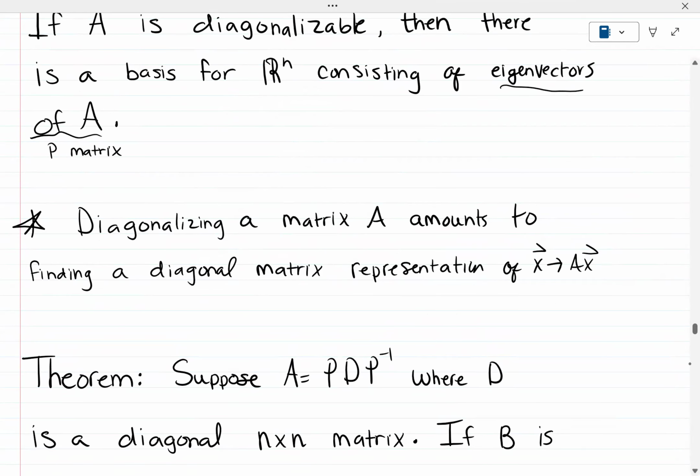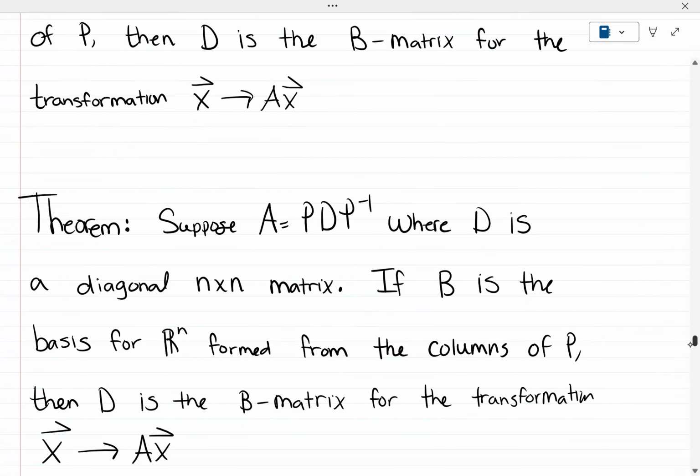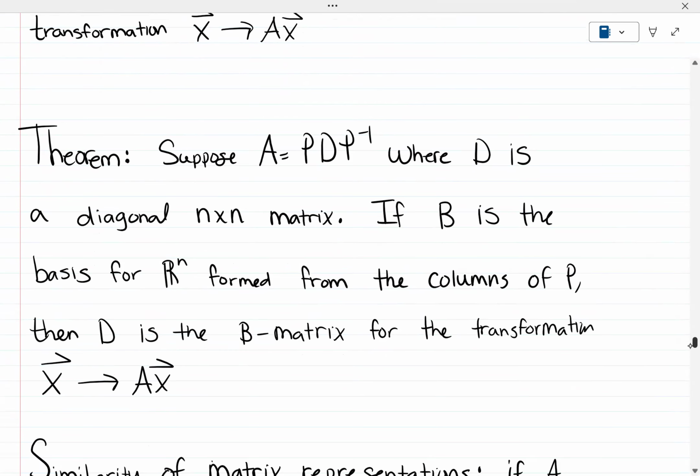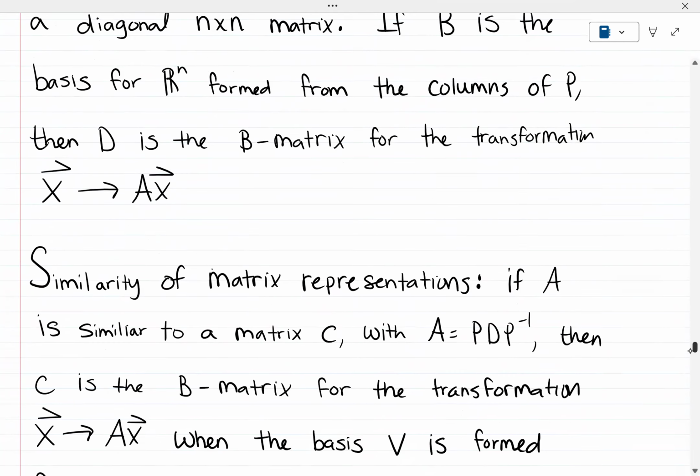So, theorem: suppose A equals P times D times P inverse, where D is a diagonal n by n matrix. If B is the basis for R^n formed from the columns of P, then D is the B matrix for the transformation vector x goes to A times vector x.